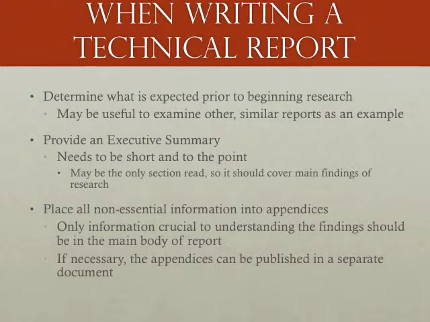If you've condensed a chart down, you might put the full table and everything into the back of the report, but just show the important part in the body of the report. And sometimes you'll even see the appendices published in their own separate document. An example of that, the Banff Bow Valley study had one main report, and then I believe it had several published appendices that were used in the actual development of the main report.